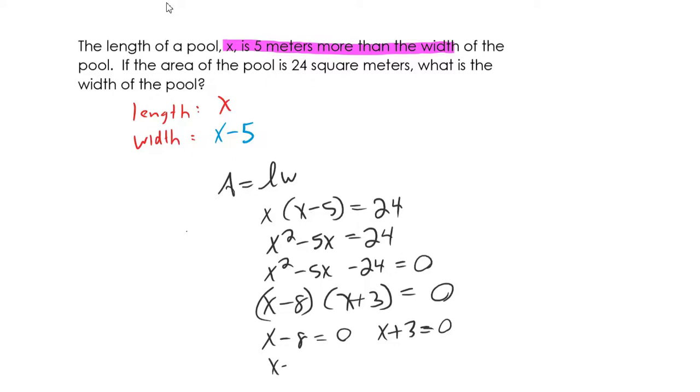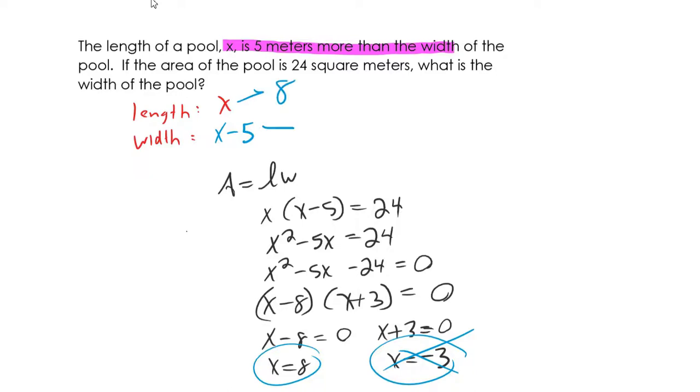We can add 8 to both sides and take away 3 from both sides. And once again, since this is a real life situation, a negative number doesn't mean anything, and the answer is 8 for x, for the length. But, of course, we're not being asked for that. We're being asked for the width, which is 8 minus 5. So that is 3 in this question.